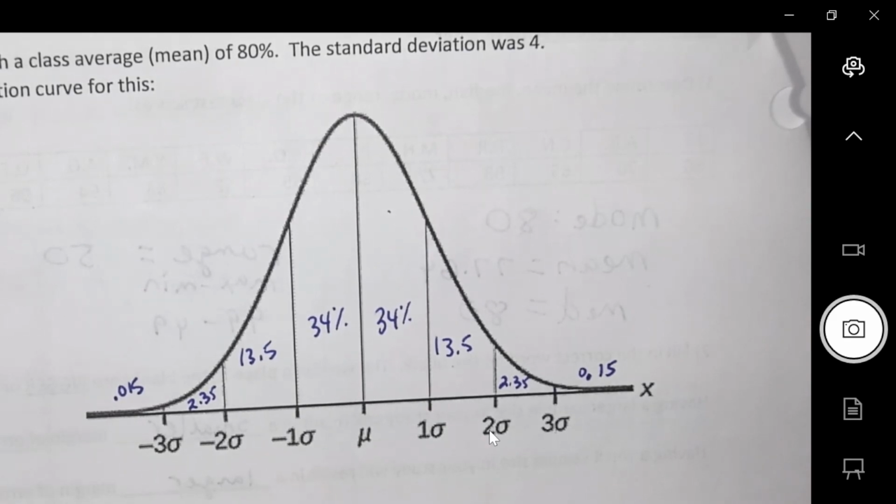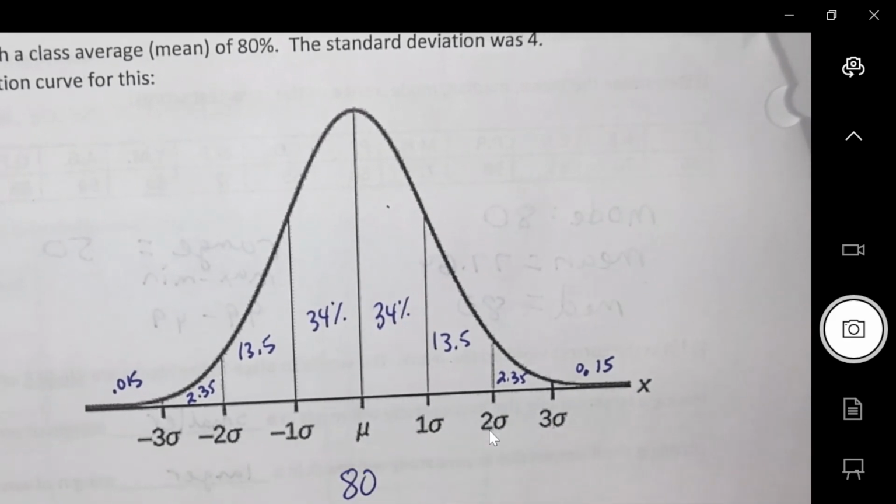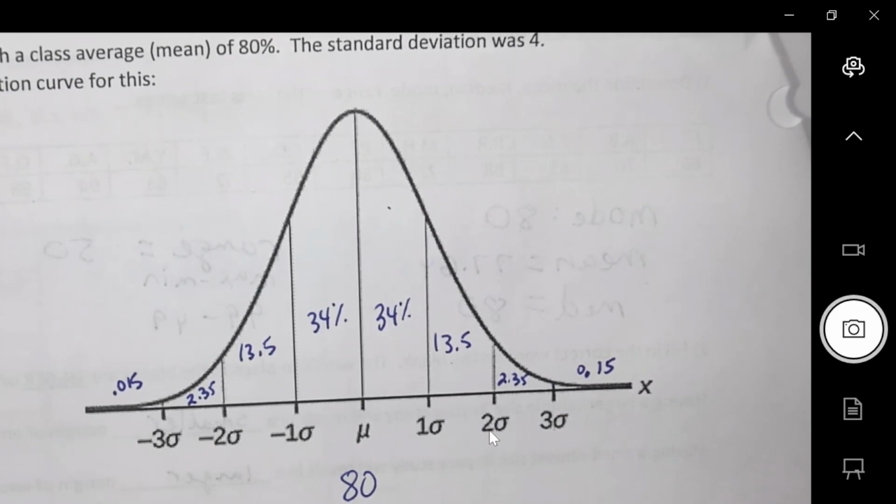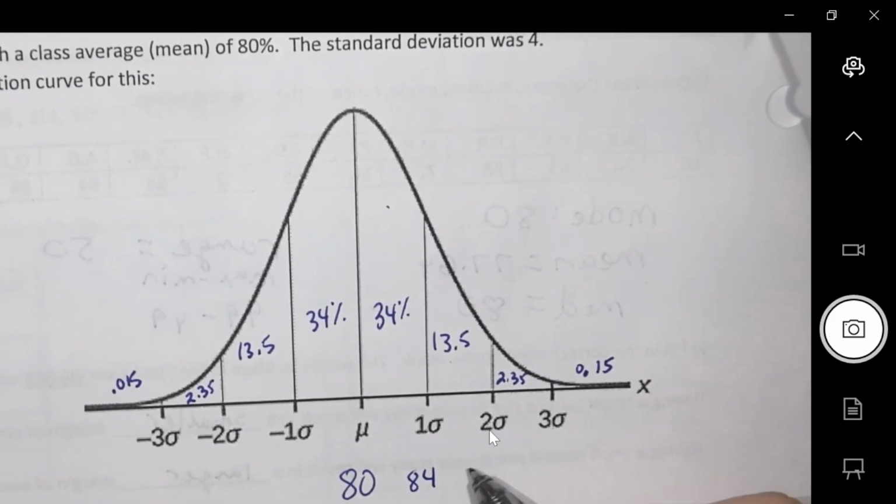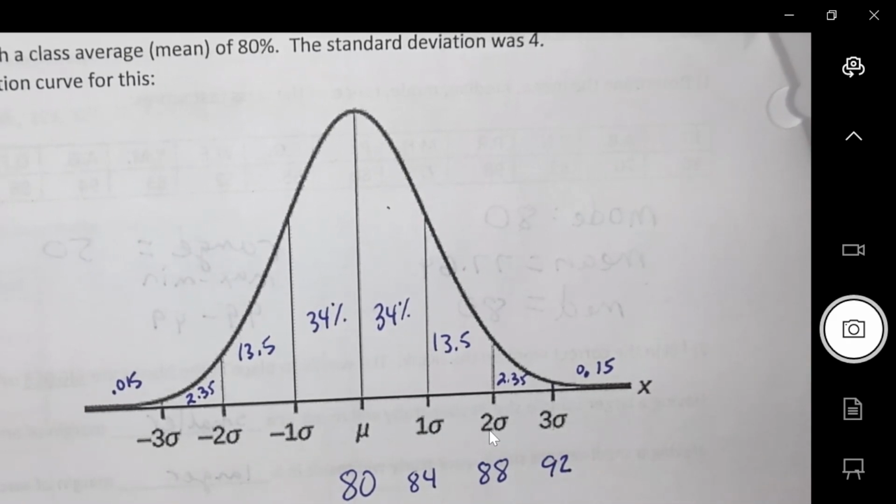Okay, the class average was 80, so give me an 80 in the middle. The standard deviation was 4, so give me an 84, 88, 92. And then can you also do the same concept going down from the average?